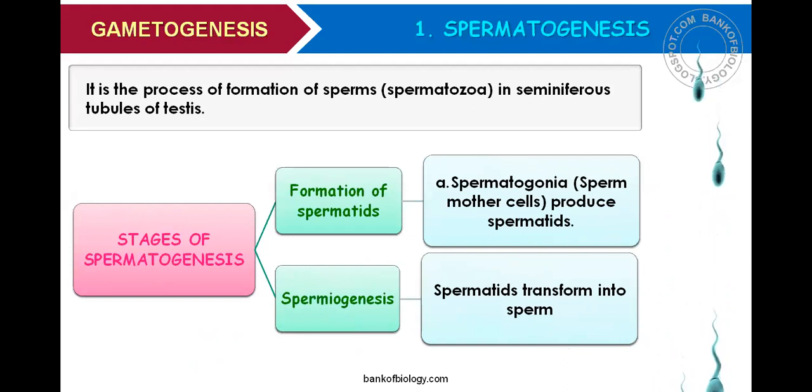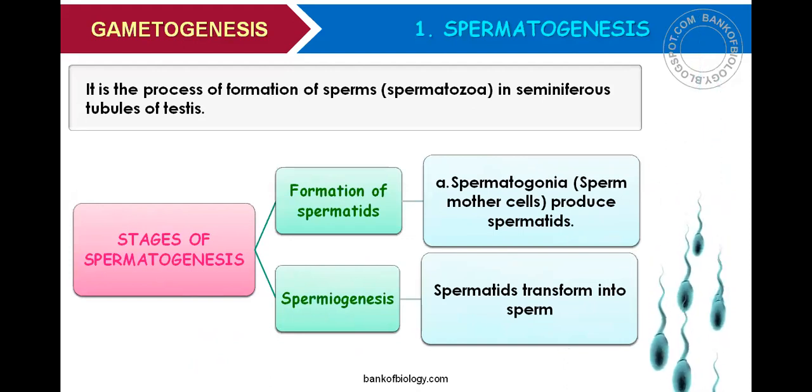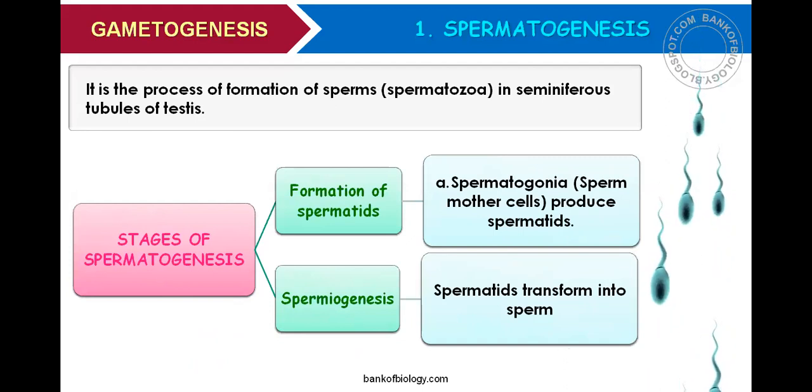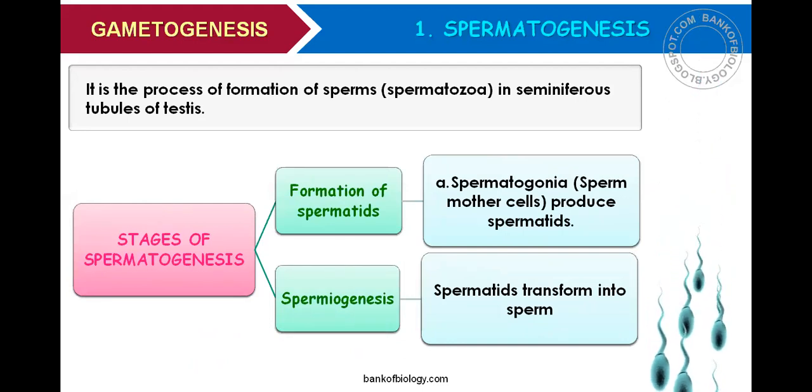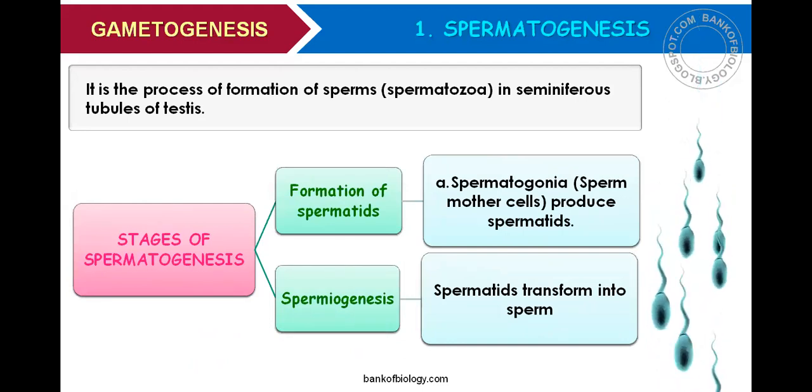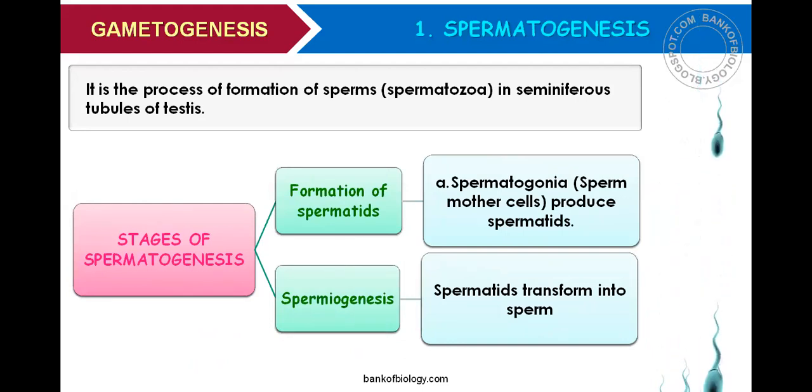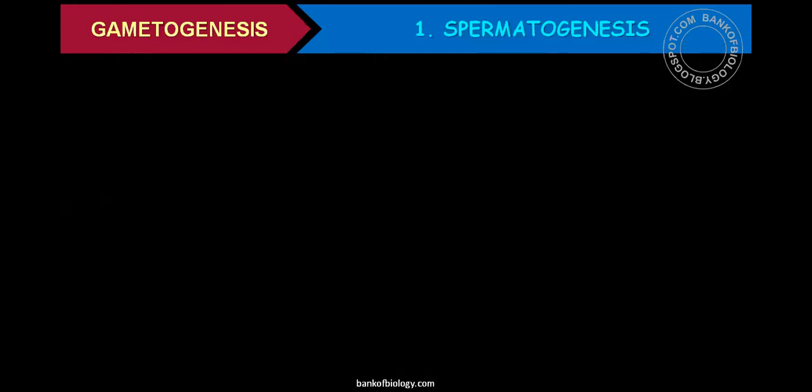First, let's look at spermatid formation. The spermatogonia, the sperm mother cells, produce spermatids. In spermiogenesis, spermatids transform into sperm.